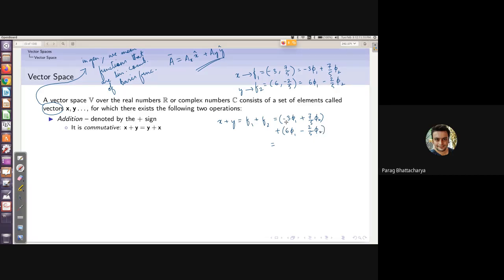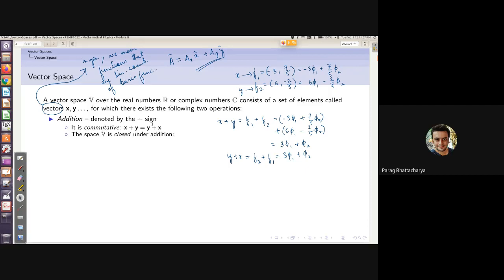When you work this out, minus 3 plus 6 is 3 phi 1, and 7 minus 2 is 5, 5 by 5 is 1, plus phi 2. But what if I do y plus x? Y plus x is f2 plus f1, and here also we'll get the same result, 3 phi 1 plus phi 2. So the order in which you add them does not matter. That means it is commutative under addition.